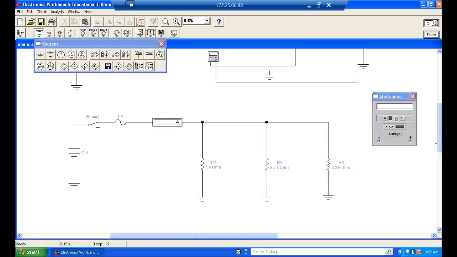You can see why it's called a parallel circuit. In electronics, we call each one of these a branch. In electricity, they call everything that's hooked to a circuit breaker a branch. So that's a little different right there.